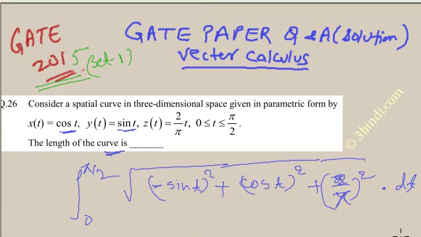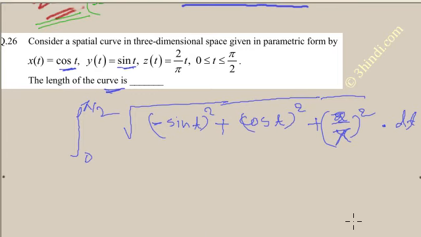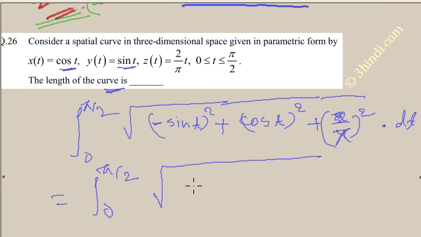If you solve this, this is equal to the integral from 0 to pi by 2 of root over sin square t plus cos square t, which is 1, plus 4 by pi square, dt.